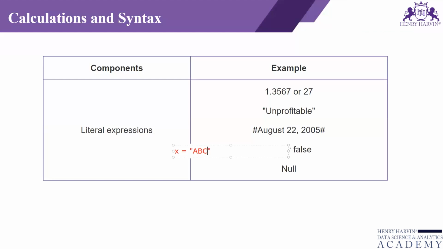There we realized that there can be different categories of values which can be stored in a column in Tableau. Similarly, a variable can have any kind of value in Tableau. Those values, if you write them separately, are called literal expressions or constants. In the context of Tableau, they're referred to as literal expressions. Is this clear?